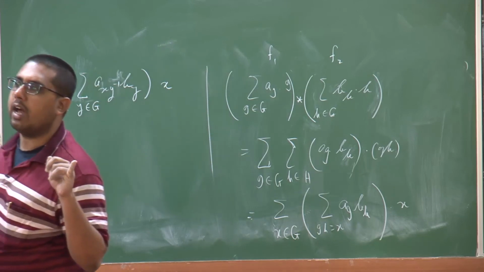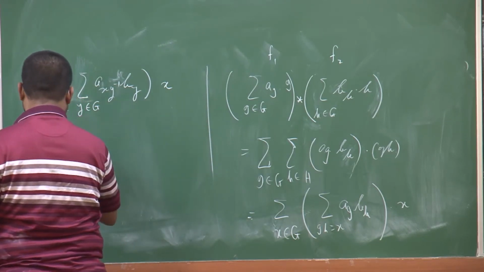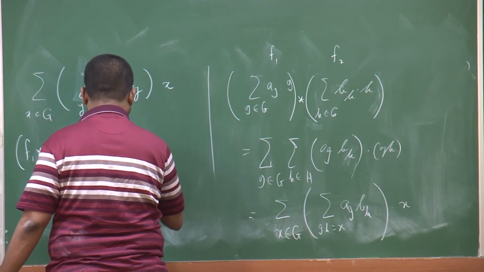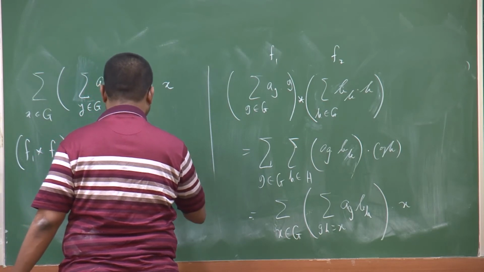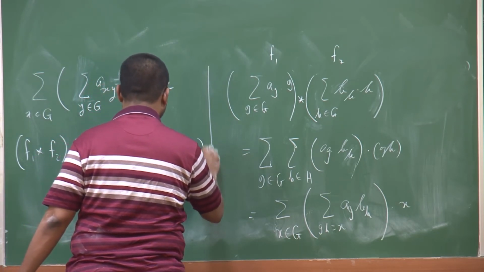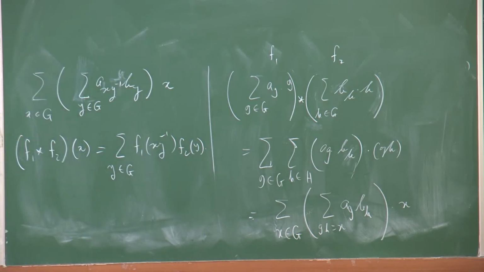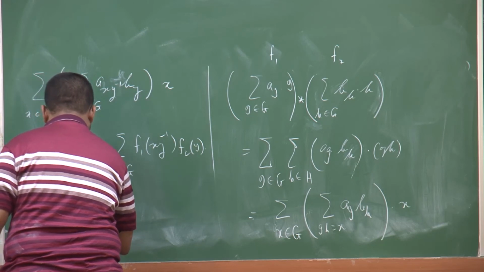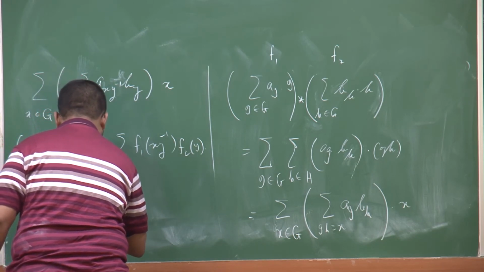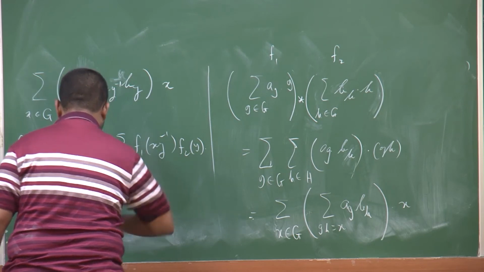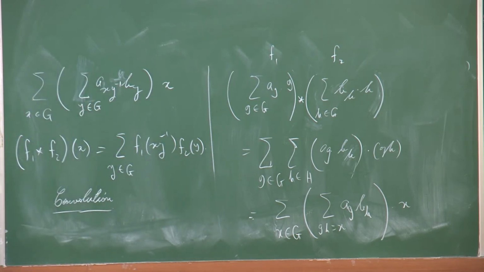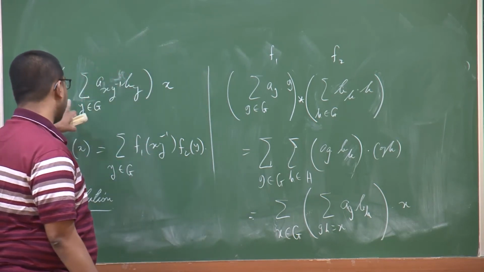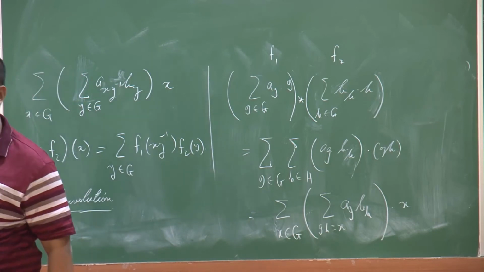If I want to write this as a function, the definition is simply the sum over y in G of f1(x y inverse) f2(y). That is how it is defined. This star is called the convolution.